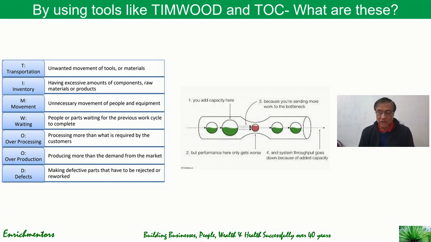The second is to use TOC, the theory of constraints, in which we optimize the flow through the production facilities or the pilot production facilities that we have or plan to use, in such a manner that we get the best output possible at the least capital investment. So these are the two tools that we have.